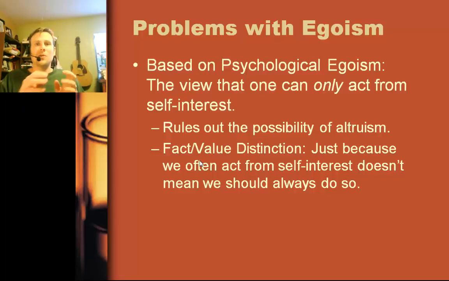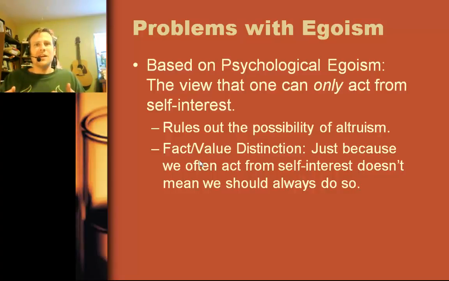So the way the world is one way, and that doesn't mean it's the best one. Just because it is this way doesn't mean it should be. So for instance, people are racist, but that doesn't mean that they morally should be, right? Likewise, even if people were completely self-interested, that doesn't mean that that's right. That doesn't mean that's a good way to be, right?